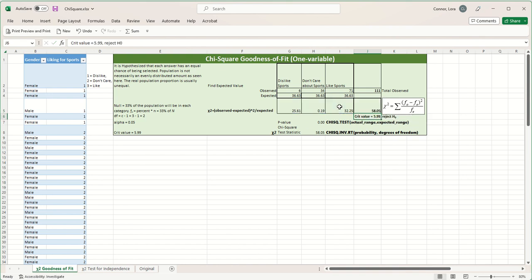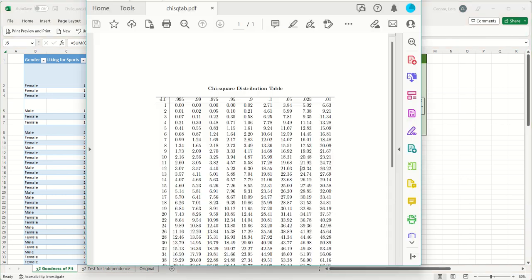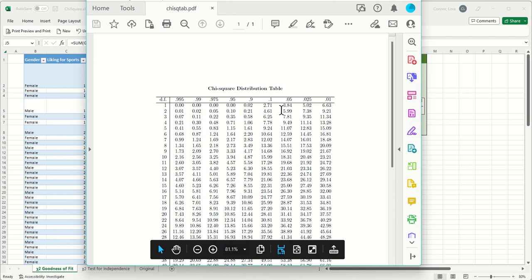close parentheses, enter. In order to know whether this final chi-square score is significant, meaning there's a significant difference between the scores within our groups, we need to look up the critical value that it needs to exceed. We did that beforehand, but to do that you would need the chi-square distribution table and the degrees of freedom.